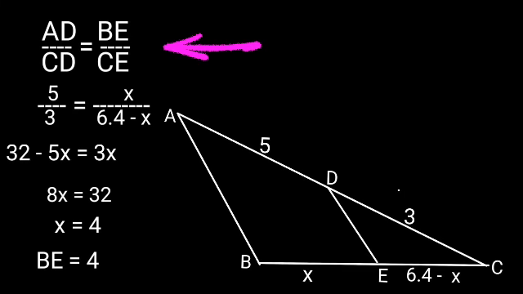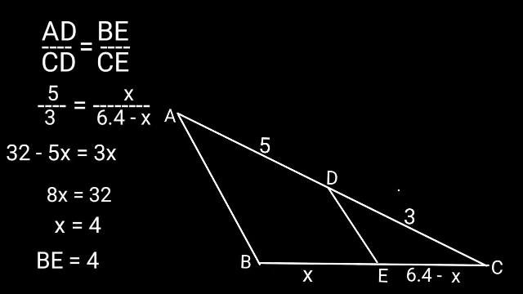Substitute the values. AD is 5, CD is 3. Hence, left hand side 5 upon 3. In right hand side, BE is X and CE is 6.4 minus X. Cross multiplication: 5 into 6.4 minus X, that will be 32 minus 5x, and 3 into x on the right hand side is 3x.